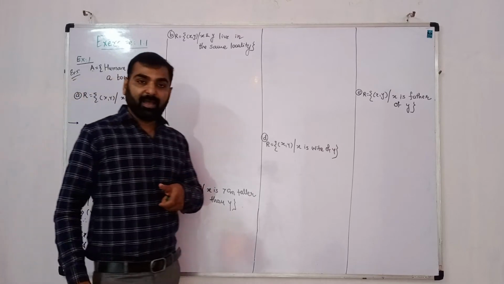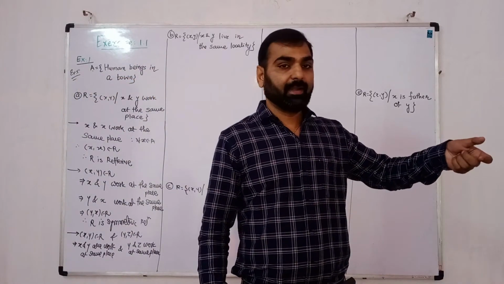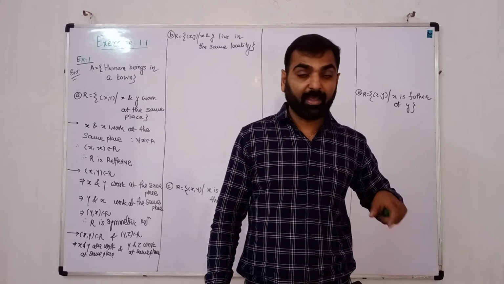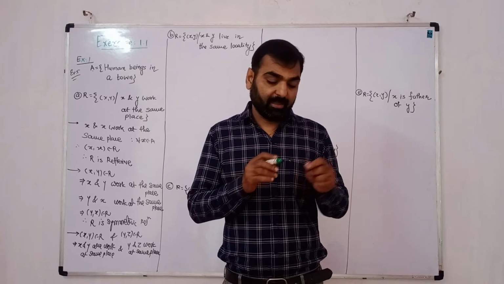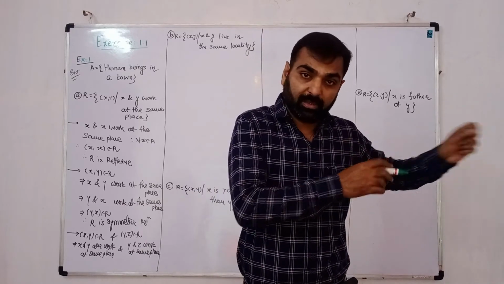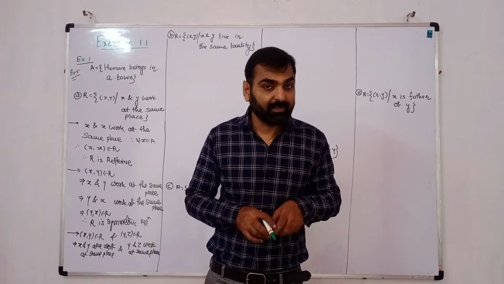अब x and y work at India. Y and z also work at India because x और y जहाँ पे है तो y इंडिया में है, तो y and z is also in India. उसका मतलब क्या हुआ, x and z also work at India.